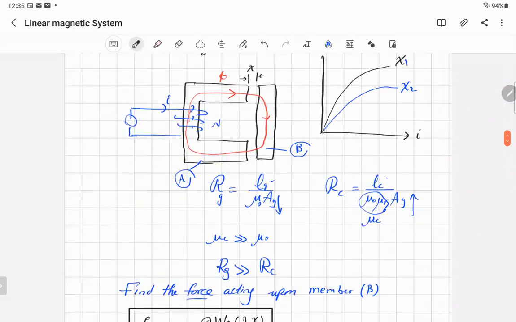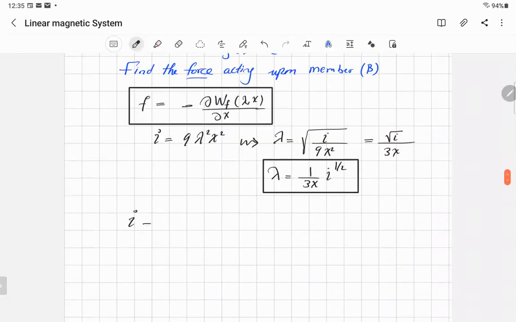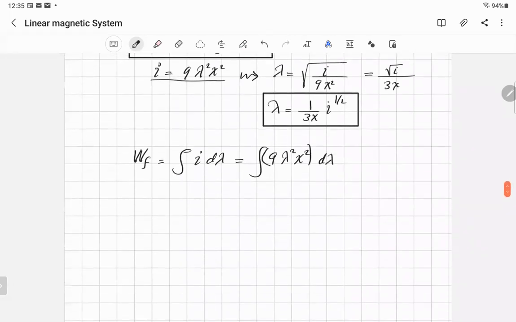So WF is equal to the integration of I d lambda, and I is given here as 9 lambda squared x squared, d lambda. That's according to this formula.